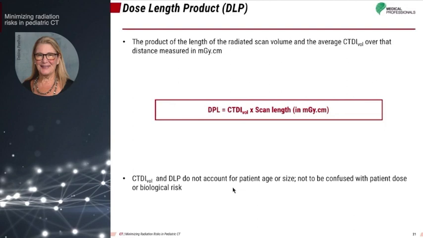The American Association of Physicists in Medicine, or AAPM Task Group, in coordination with the International Commission on Radiation Units and Measurements, or the ICRU, and the Alliance for Radiation Safety in Pediatric Imaging's Image Gently campaign, developed conversion factors that take patient size into consideration and could be applied to volume CTDI to provide a better overall estimation of patient dose.